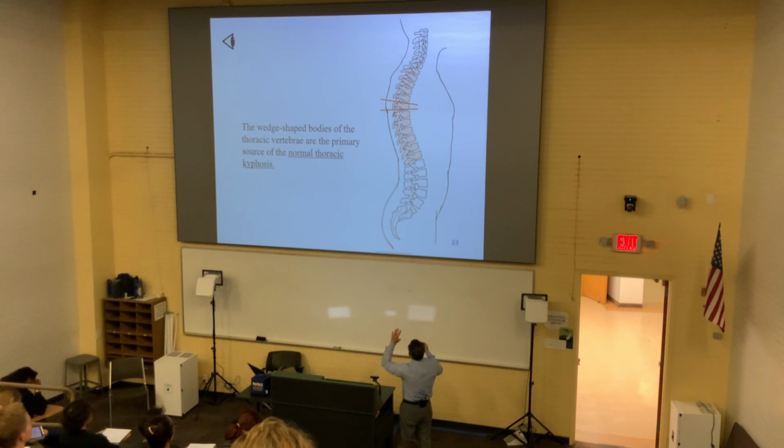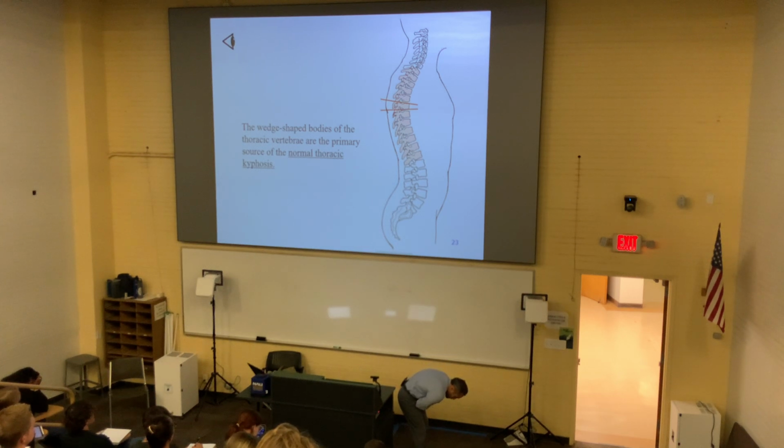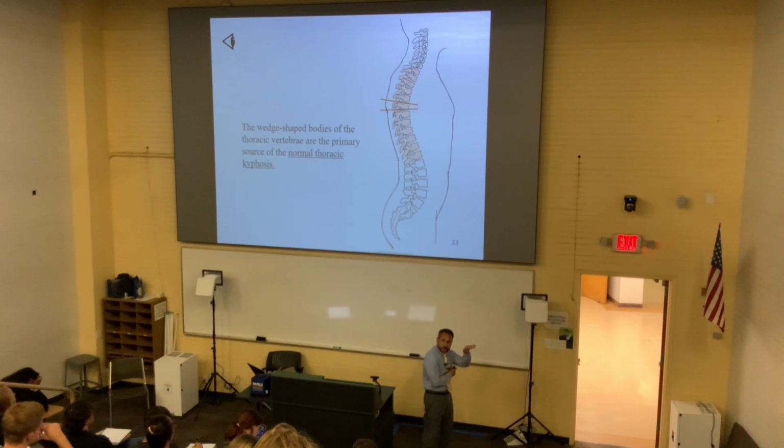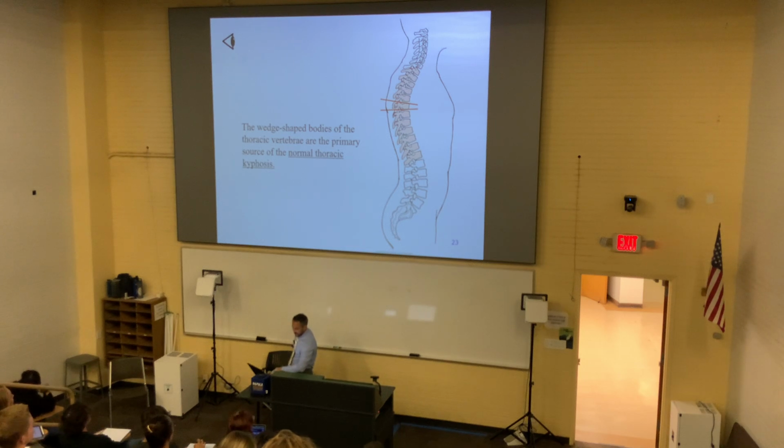And this is a normal thoracic kyphotic angle. A lot of weird words here, right? Thoracic kyphosis. So normal, this is that original shape from embryonic development. This is what we would expect to see on X-ray or under radiographic imaging.